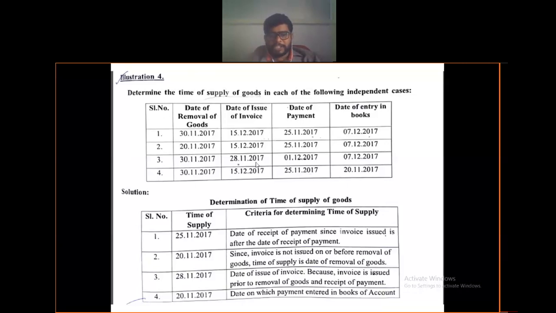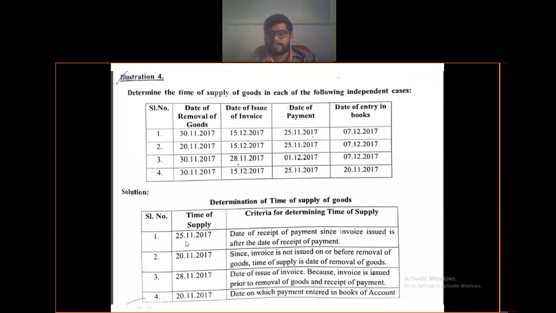Now in the first case, which is the time of supply? Obviously 25th November 2017. Why? Date of issue of invoice is December 15 2017, date of removal of goods 30th November 2017, date of entry in the books of account is 7 December 2017, but the recipient of goods made the payment before receiving the goods or before the invoice was issued. Therefore the time of supply is 25/11/2017.